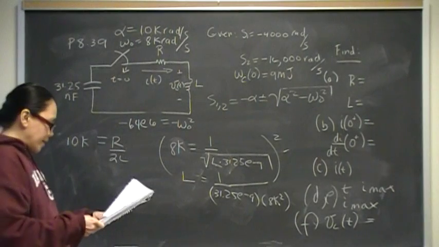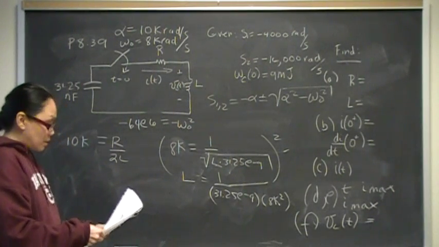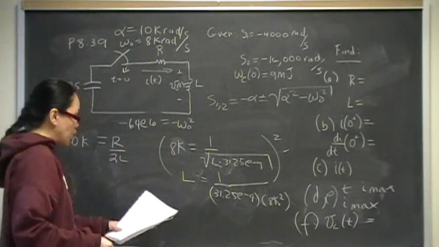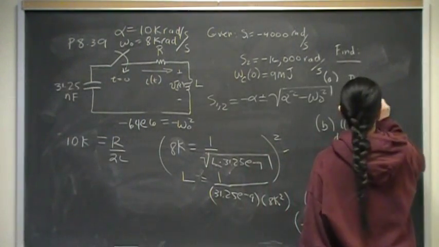So I would like to double check to make sure I didn't make any mistakes. And we're good. So when you solve for that, you should come up with L is equal to 1/2. So now we know that this is equal to 0.5 henries.